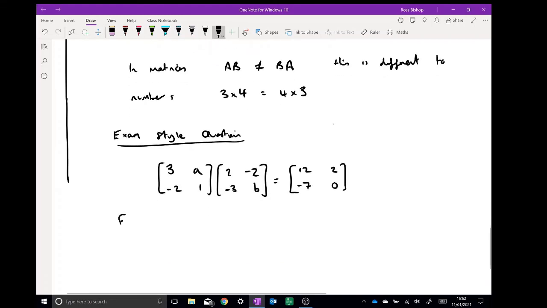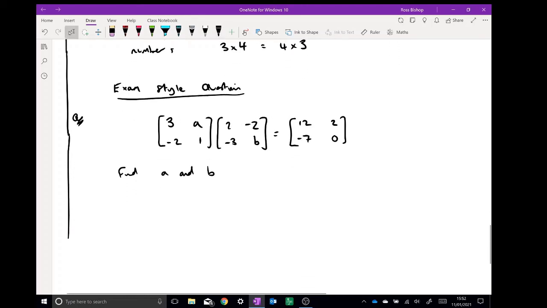And the question is find A and B. That is the question, probably quite a few marks in a further maths paper. Okay, and you might want to pause the video at this point and actually have a go yourself using the tools we've just done. But I'm going to go ahead and answer how we would do this question.